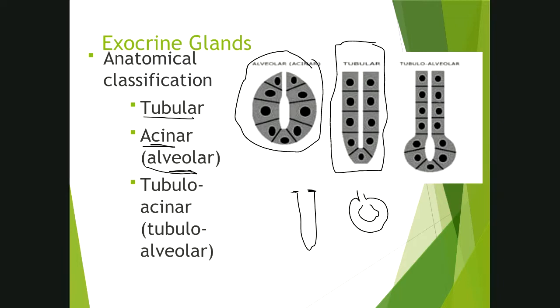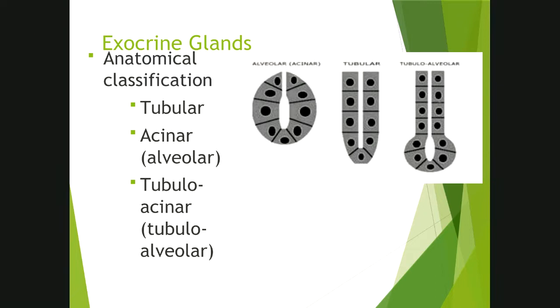But this third one over here, this is not a duct. This is the tube. And this is not just a secretory unit. This is that round thing that looks like a flask. And so look, it's part tube and part flask.